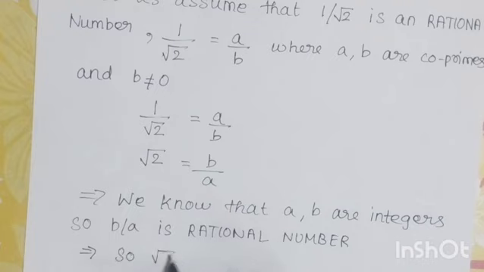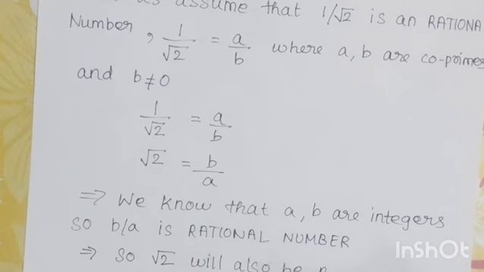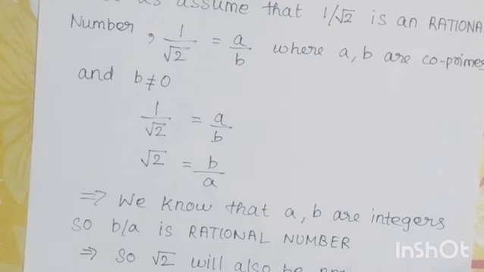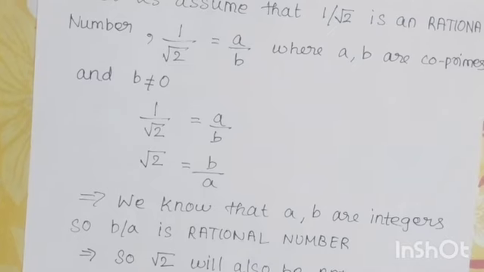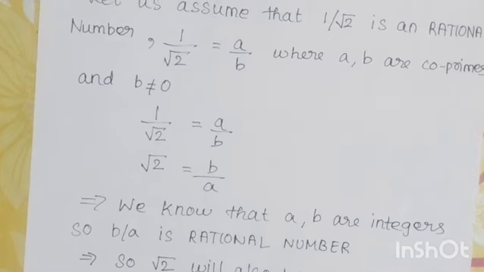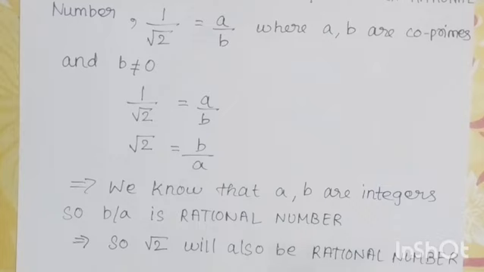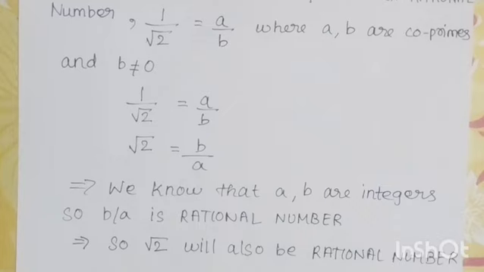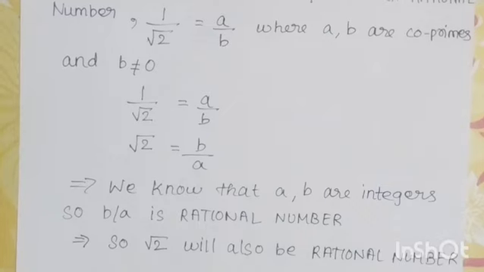So root 2 will also be a rational number. But we know that root 2 is irrational. We have already proved root 2 is irrational.